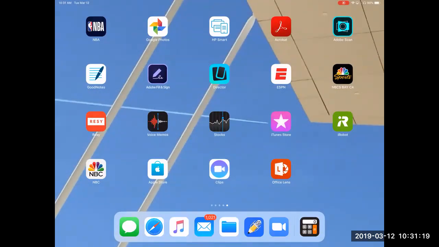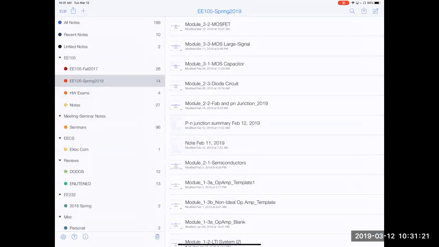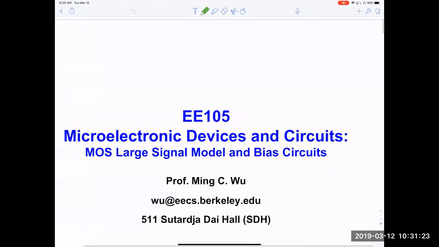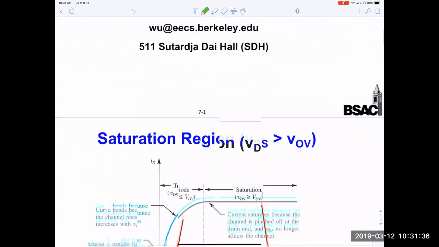So let's go to the next module, the large signal models. Soon, in your next lab, you'll be dealing with a bias circuit, so it's important to talk about bias circuits.